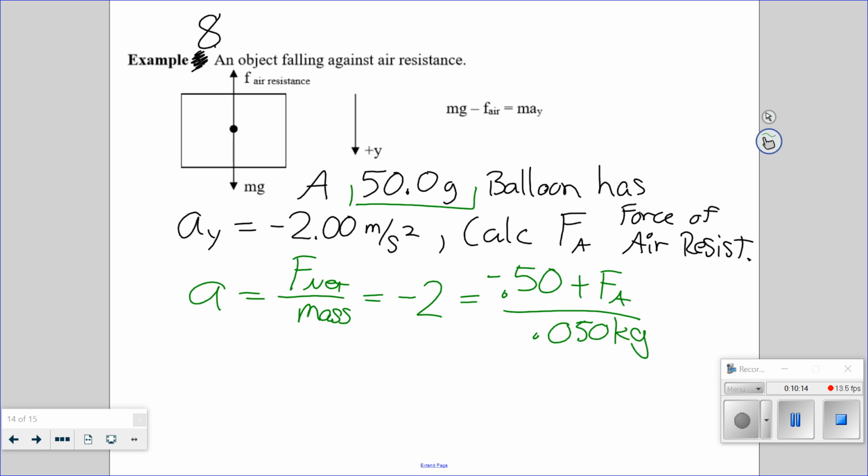If you like ma, you could also do mass times acceleration equals force of gravity, or mg. Let's do mg plus F. And make sure those are vectors.